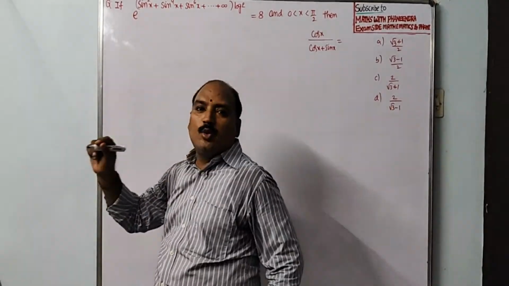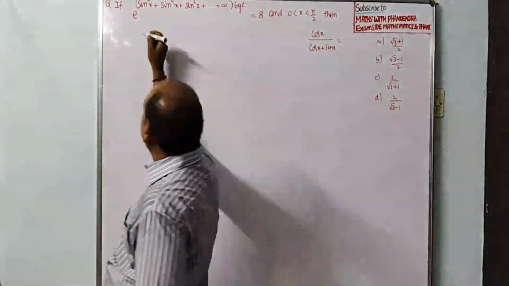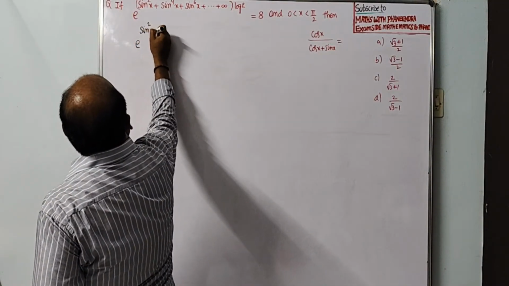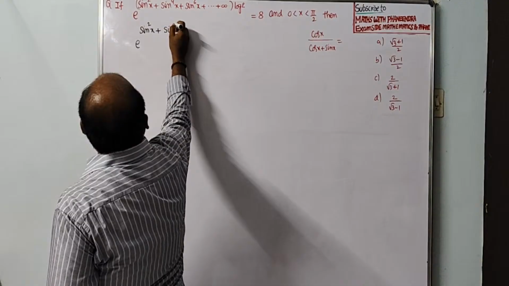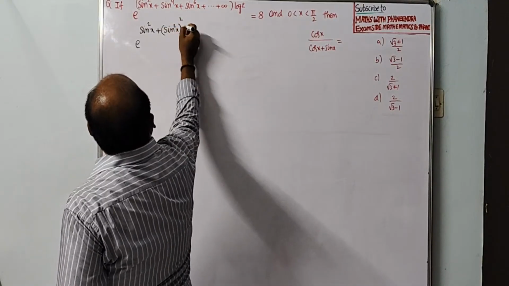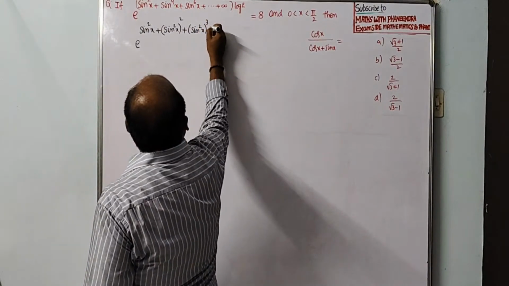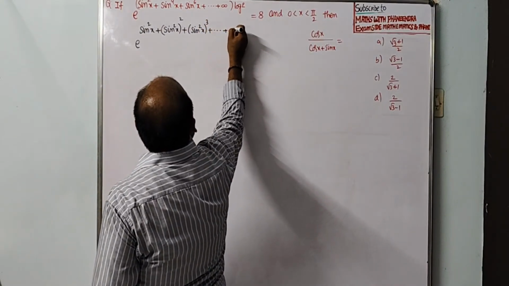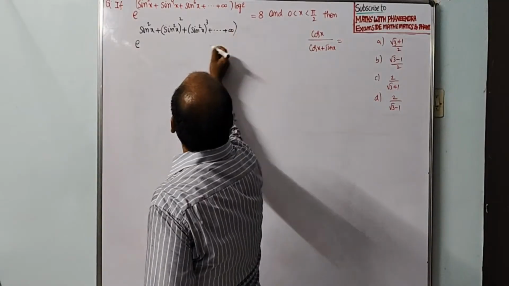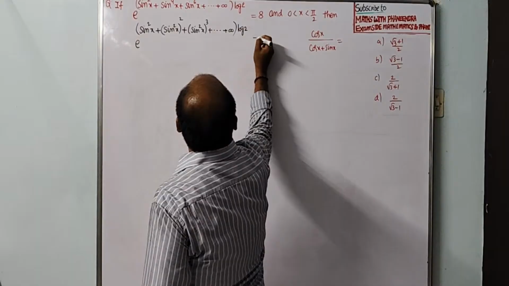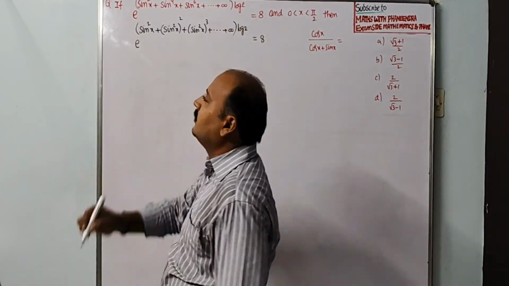First, what we have to do: e power sin square x. Sin power 4x can be written as sin square x whole square, and sin power 6x as sin square x whole cube, and so on up to infinity, into log 2, is equal to 8.